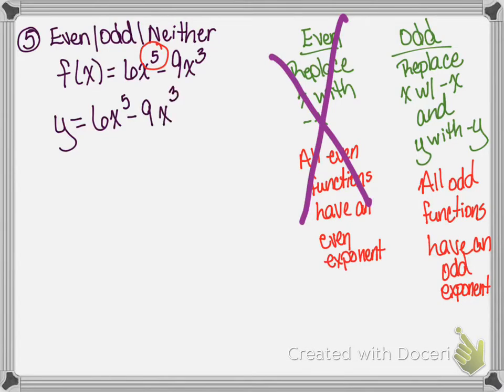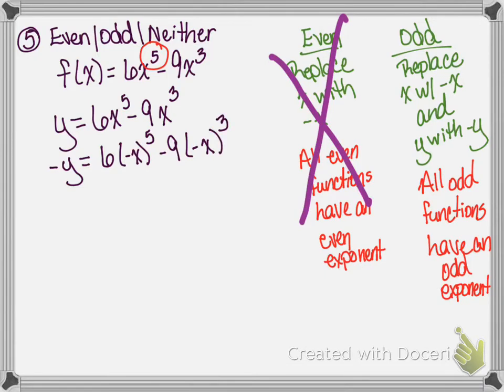Now, to test if it's odd, I'm going to replace x with negative x and y with negative y. So I'm going to have negative y equals 6 times negative x to the fifth minus 9 times negative x to the third.